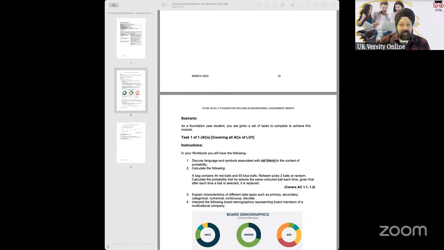So when we calculate probability, it means a 0 and 1 kind of situation. 0 means that the event or the situation will not happen, and 1 means that the event will happen or the situation will happen. So the calculation in terms of formula for probability is very simple. It looks at the number of favorable outcomes divided by the total number of possible outcomes.